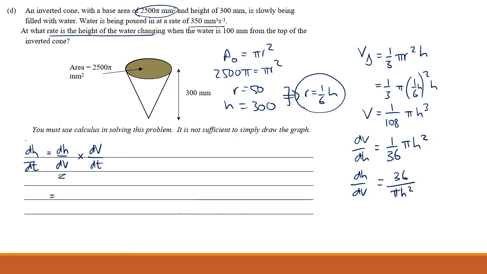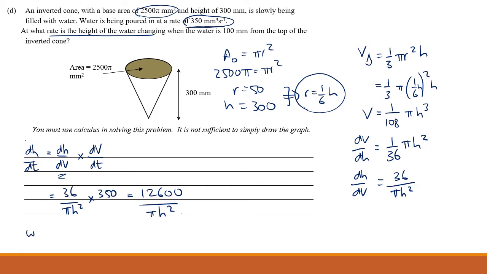So into this formula over here, 36 over pi h squared times it by the rate at which it's changing, which is 350, gives us an answer of, I'll just do my calculations. So that calculation, 36 times 350 is 12600 over pi h squared.